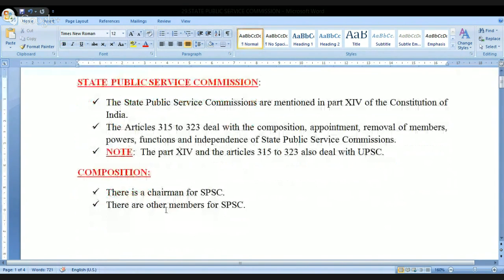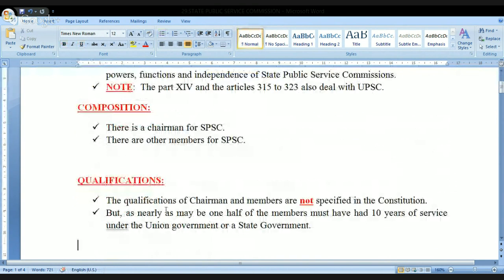When you come to the composition, it is as usual. There is a chairman in the State Public Service Commission and there are other members. Yesterday also we saw the same thing: there is a chairman in the UPSC and some other members.